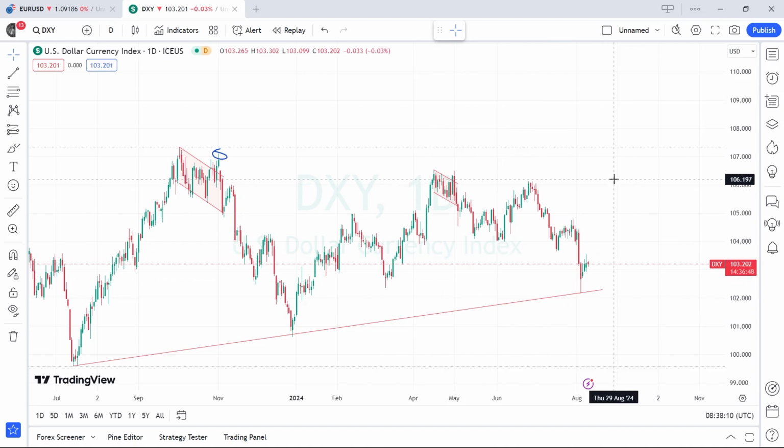For that reason alone, there are several factors at play here, and it's looking not too bearish for the dollar. It might sell off again, but if it sells off, it's going to be temporary, and the dollar is likely to rise again once the rate cuts start coming.